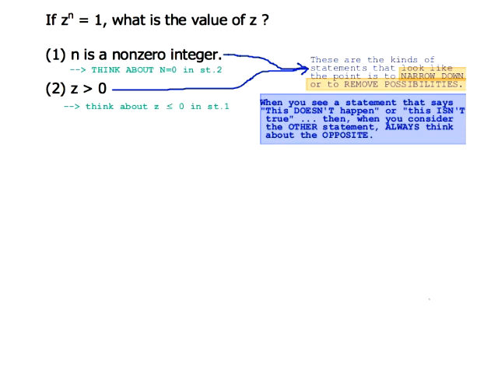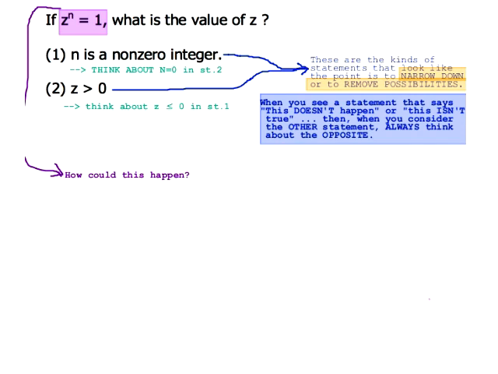So z to the n equals 1. Let's consider all the different ways that this could be true. How many different ways could you have z to the n equal to 1? How many ways?